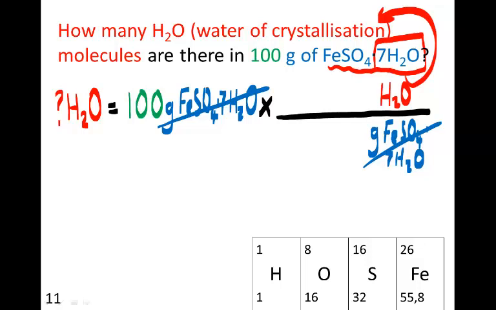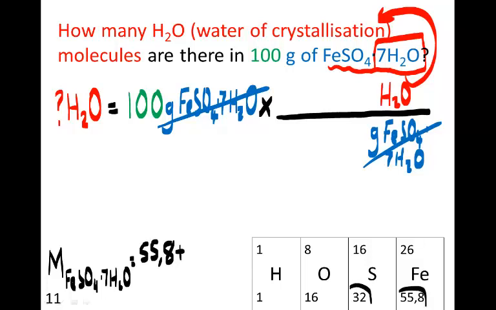So from the periodic table, we know that the molar mass of iron sulfate with water of crystallization is 55,8 for the iron, plus 32 for the sulfur, plus we have 14 H's, it's H2 there, multiplied by 7, each one being 1 gram per mole, so that's 14.